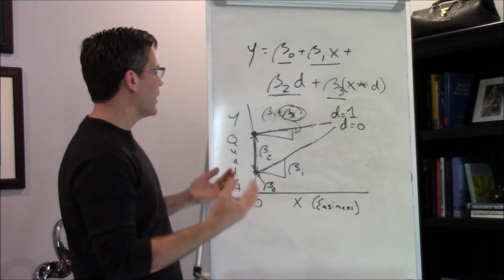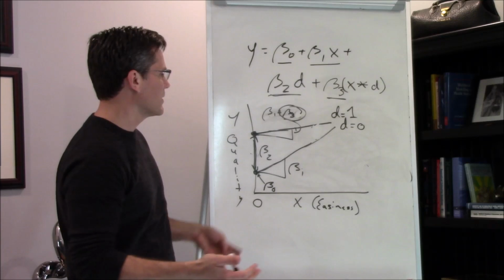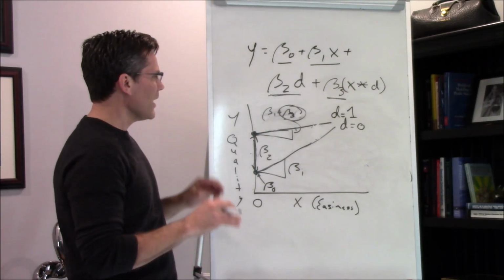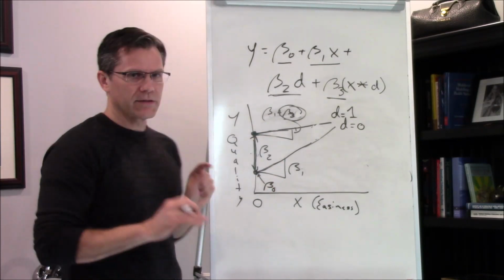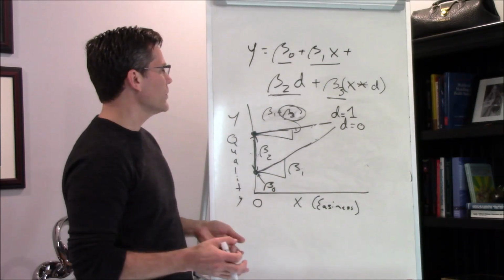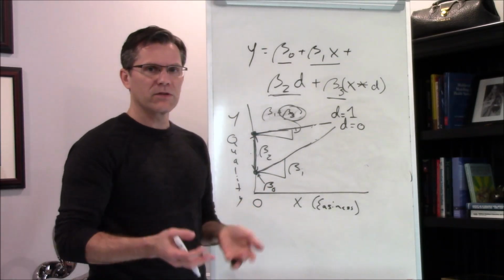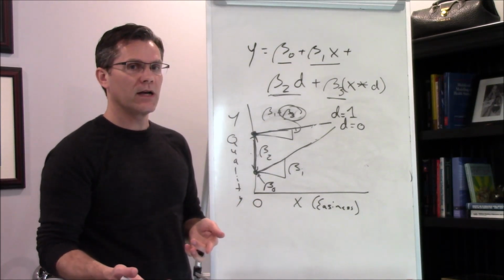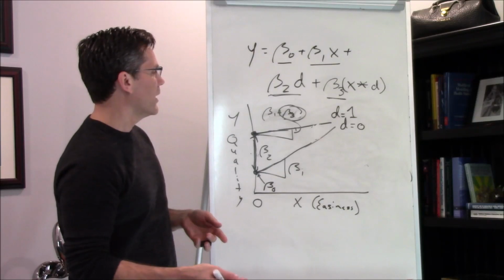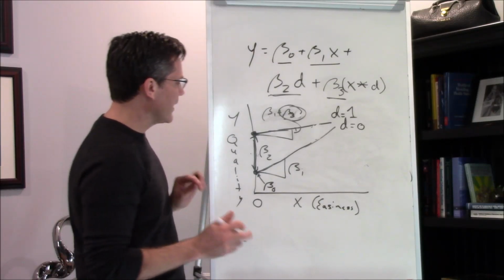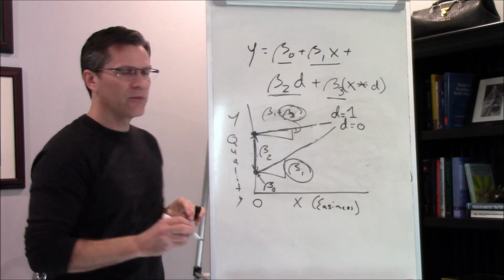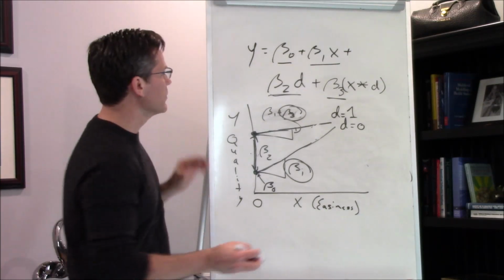If our coefficient associated with that is statistically significant, we say we've got an interaction. Now that's a test of whether the slopes of the two lines differ. But what we might also want is a test of the slope of each line on its own relative to a null hypothesis of 0. It turns out we actually already have one of these. Beta 1 is our slope for the reference group, for D equals 0.